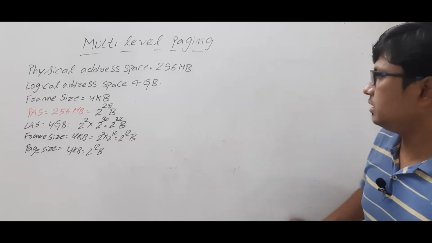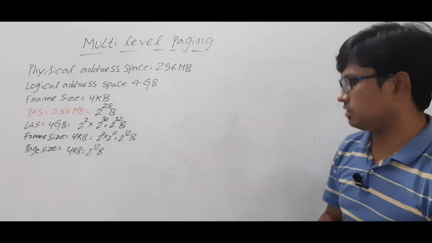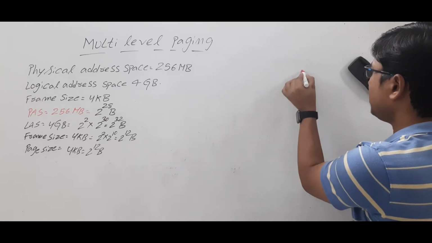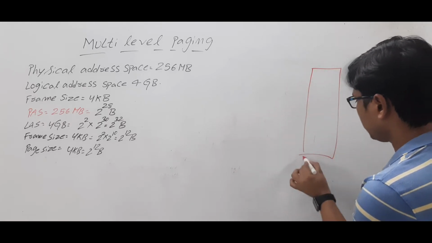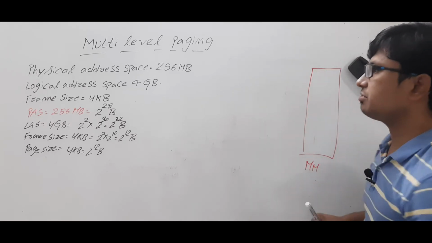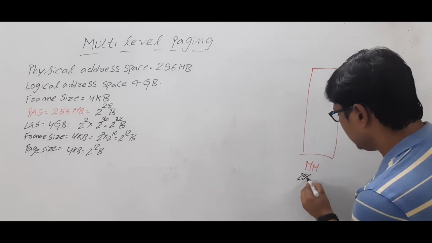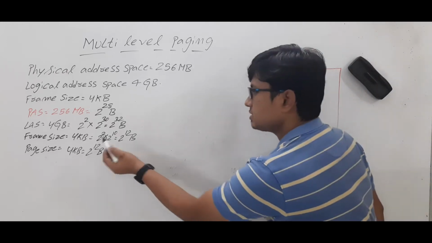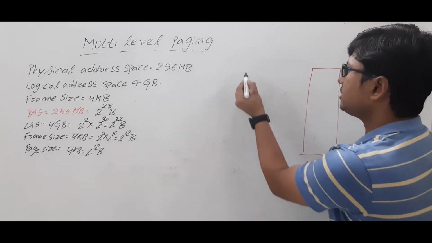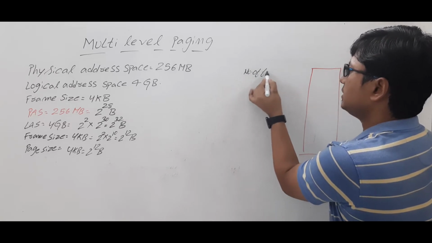Now we will do multi-level paging with this example. So we have main memory, which is nothing but the physical address space of 256 MB. Main memory is 256 MB and frame size is 4 KB. The first thing I need to find is the number of frames.